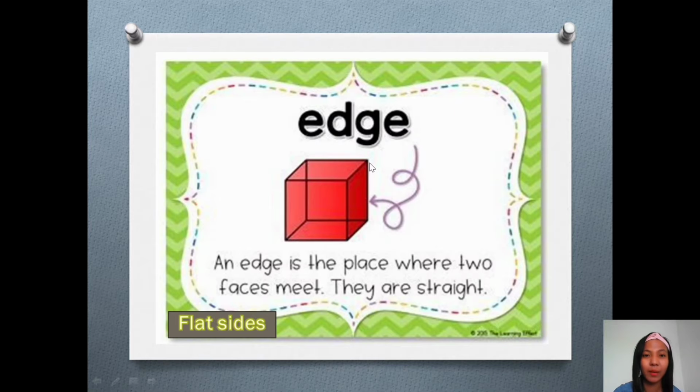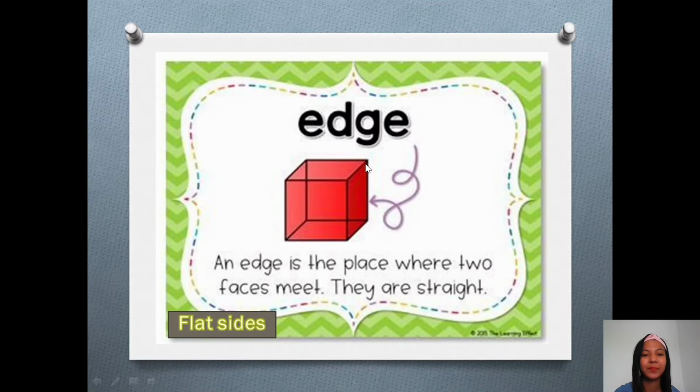Next, edge. Again, an edge goes from one point straight to another point. It forms like a line segment. An edge is the place where two faces meet.